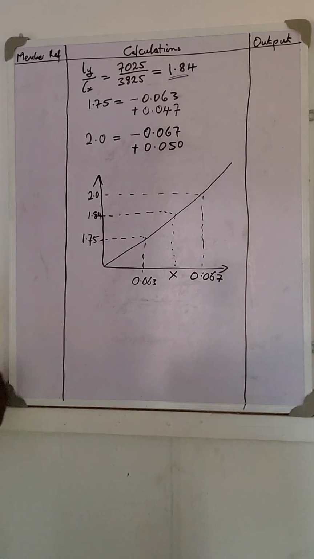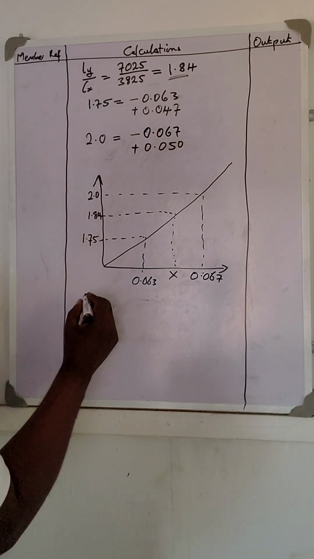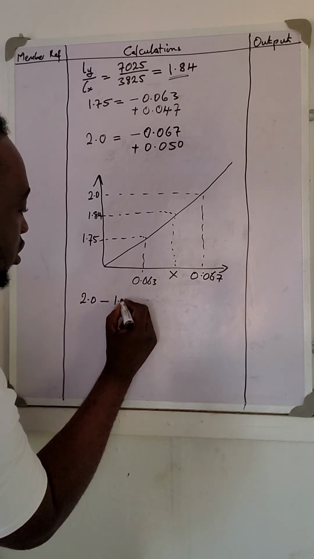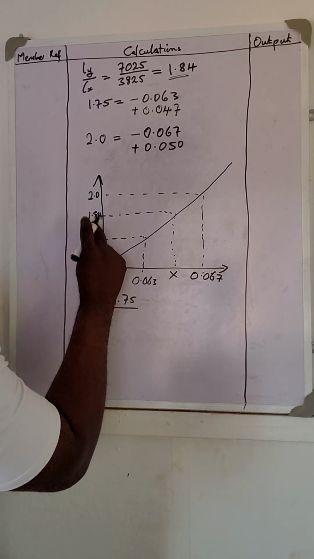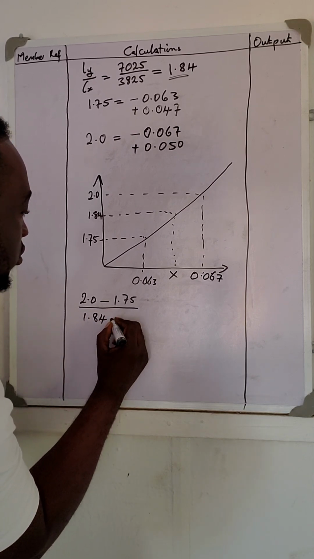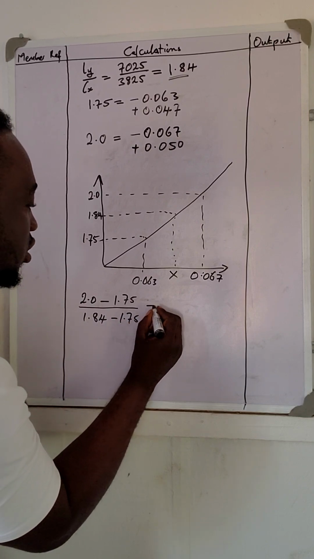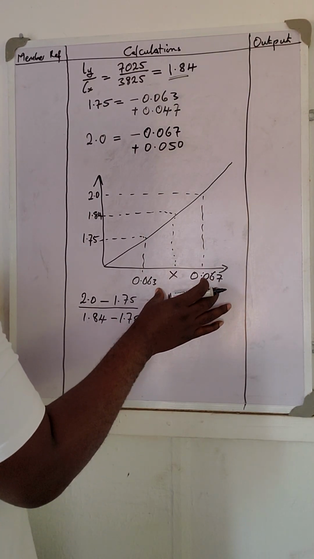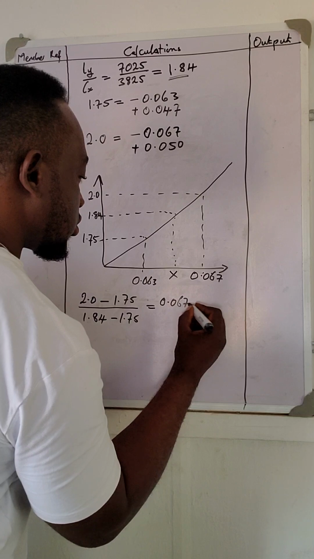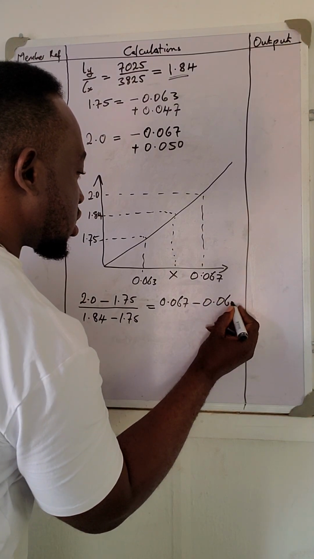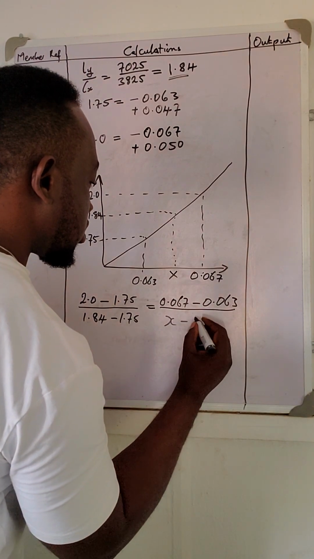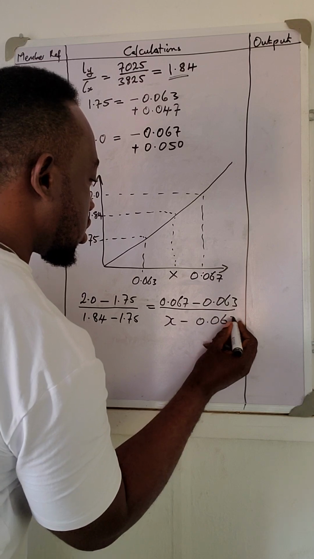So what we are supposed to do now is the top 2.0 minus the bottom 1.75 over 1.84 minus 1.75 is equal to, we now move to the moment coefficient, 0.067 minus 0.063 over x minus 0.063.